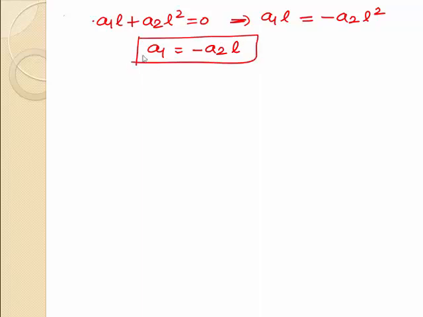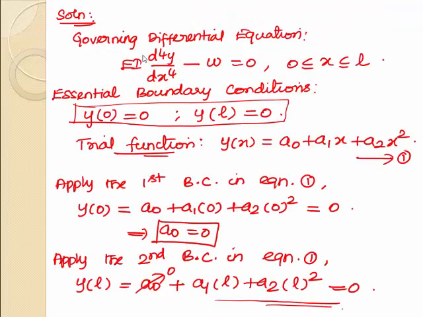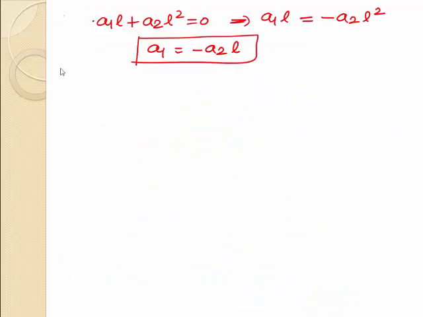So by applying the two boundary conditions described in the given problem, we have calculated the values of a0 and a1. Okay, so now we can substitute the values of a0 and a1 in equation 1.